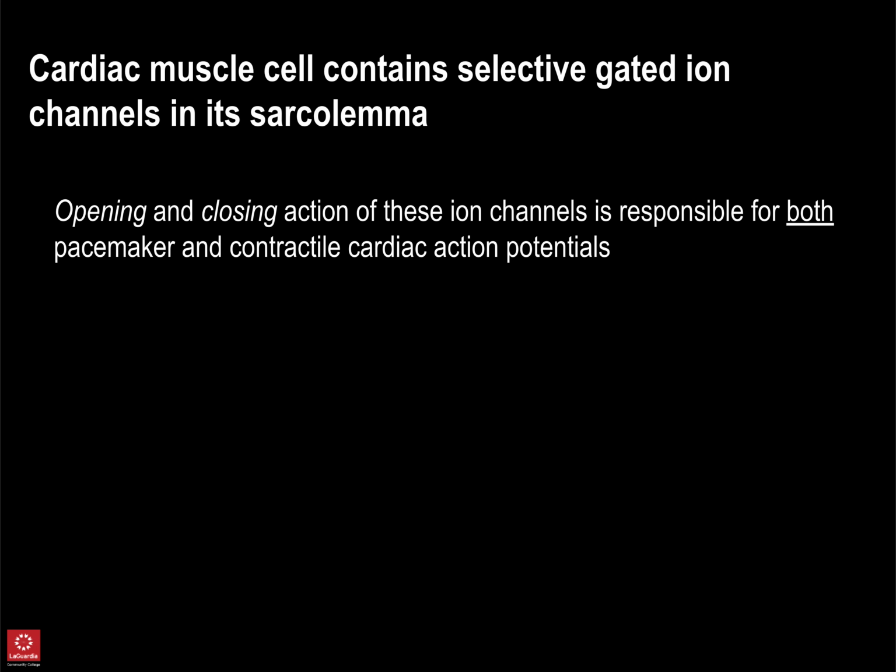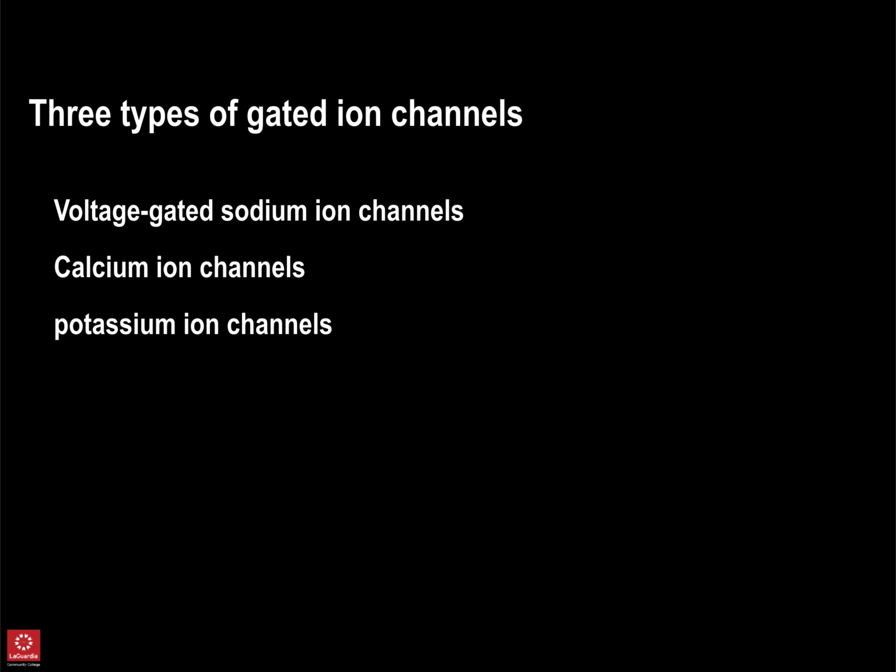Cardiac muscle cells also contain selective gated ion channels in the sarcolemma, and the opening and closing of these ion channels is responsible for both the pacemaker and contractile cardiac action potentials. There are 3 types of gated ion channels. The first is the voltage-gated sodium ion channels, which open in response to voltage changes across the membrane, and they're found in all cardiac muscle cells except certain pacemaker cells.